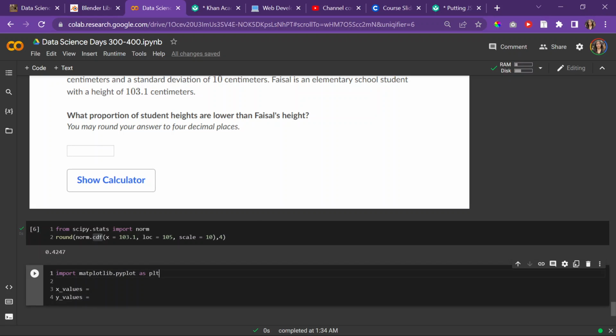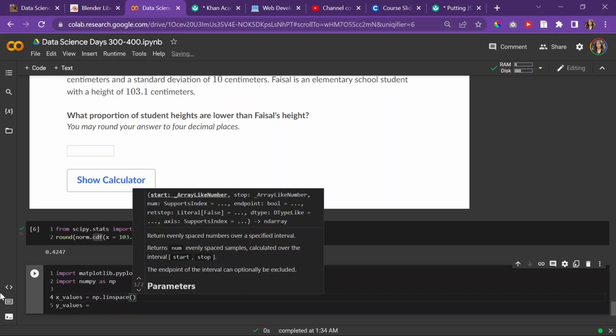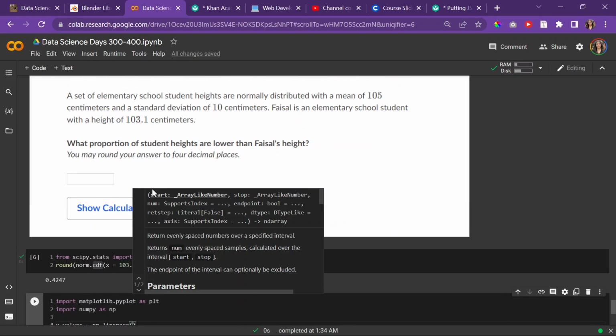And so for my x values, I'm going to have to import numpy as np, because I want to be able to use a linspace function, which basically allows for 3 parameters, the start, the end, and how many values in between. So in a graph, right, you start with a number, you end with a number, and then you have values in between.